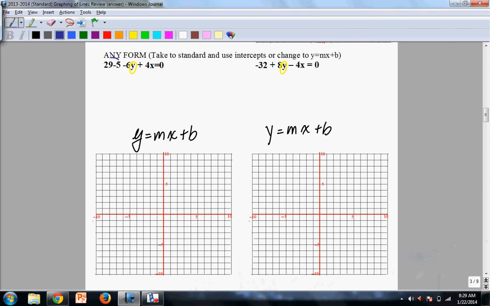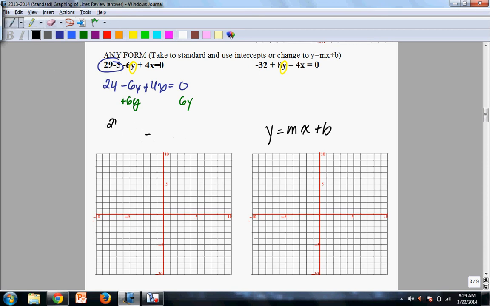Taking a look here, first you want to collect like terms, so we collect that. Of course, that's 24 minus 6y plus 4x equals 0. I want y by itself, so it's easier to just move the y. So I'm going to do plus 6y and bring it over.